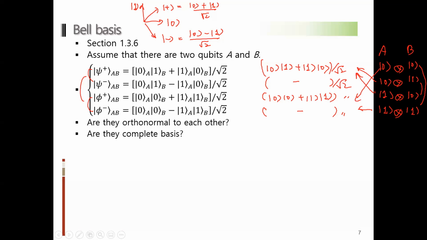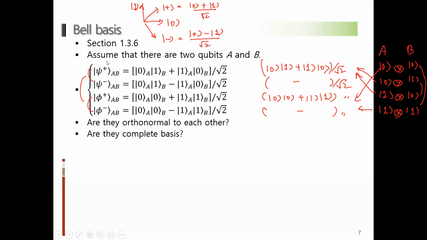Because this space has the same dimension as these 4 bases, any arbitrary vector in the tensor product space generated by these two qubits can be expanded in terms of these four basis vectors. Again, each of these looks a little weird, but these are very good bases, and any arbitrary vector can be represented as a linear combination of all these 4.